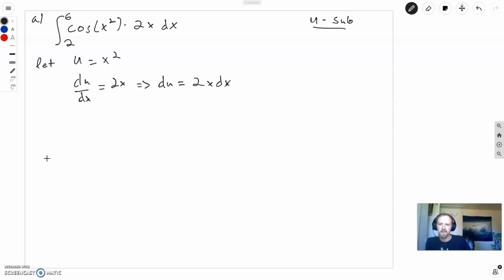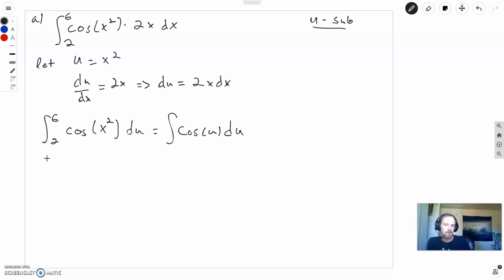This 2x dx is in my integral. So now I can do the integral from 2 to 6 of the cosine of x squared, and then I have 2x dx right here, so I'll just plug in du. So this is the integral of cosine of u du.